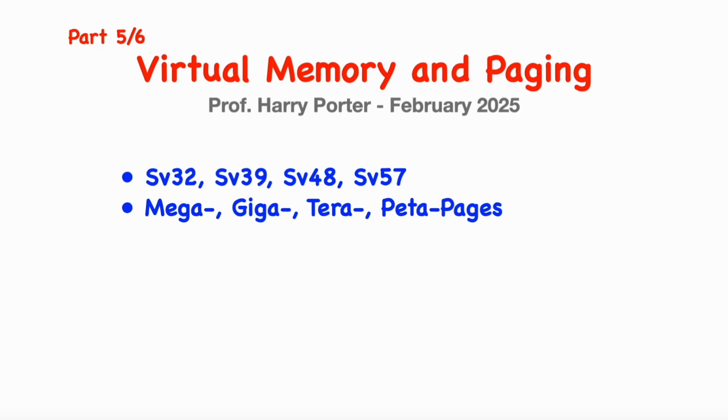We saw how megapages were used in the 2-level Sv32 scheme, and in this video we'll see how the extension to 3, 4, and 5-level page table trees leads very naturally to gigapages, terapages, and petapages.